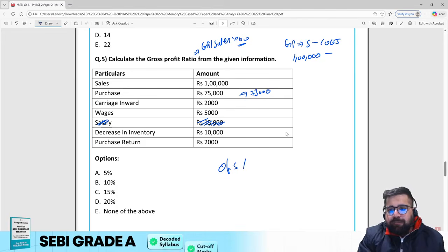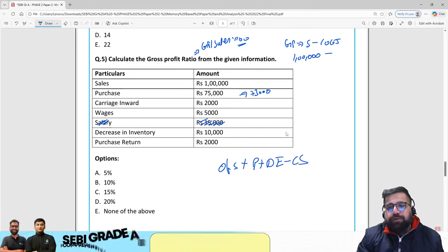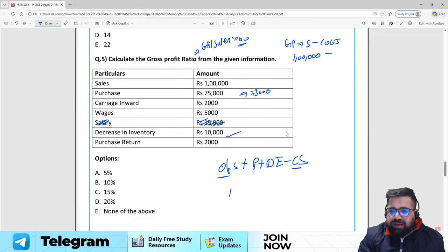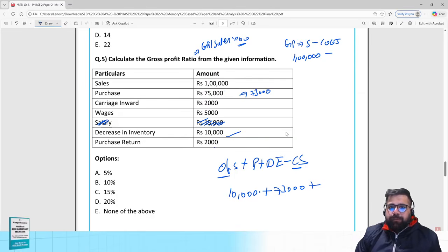COGS is opening stock plus your purchases plus your direct expenses minus your closing stock. Now see, opening minus closing they have given to you as 10,000, so I will directly write 10,000 over here. Purchases they have given to me as 73,000, 75 minus 2, plus your carriage inward plus the wages.